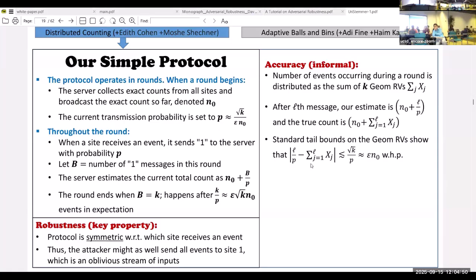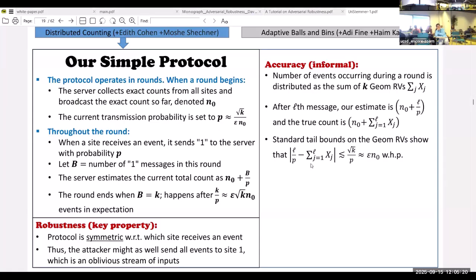And after L messages, we estimate the count as n0 plus L over p, and the actual count is distributed as n0 plus the sum of L geometric random variables. So all you need to do is use tail bounds for partial sums of geometric random variables and see that the difference between the two is small. Yeah. So this is basically a distributed kind of Morris counter, right? I guess so, yeah.